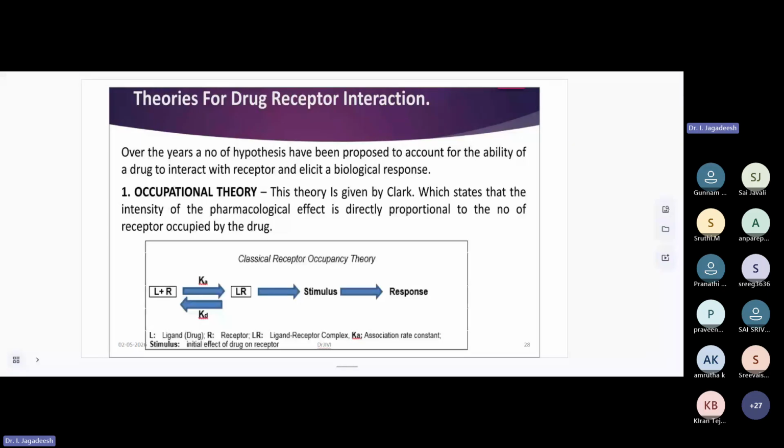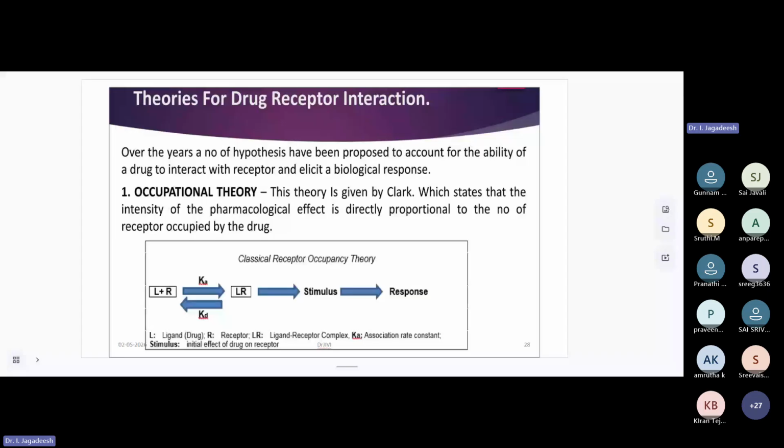It states that the intensity of the pharmacological effect is directly proportional to the number of receptors occupied by the drug. Say, for example, we have a receptor availability of 1 lakh. If all are occupied by the drug, then it has a directly proportional effect. After the drug attaches to all receptors, there is no further increase.